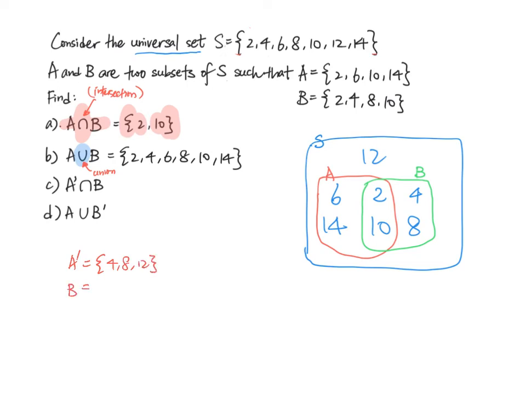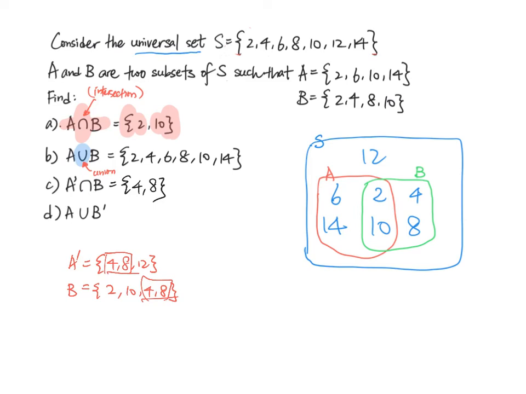And if B is 2, 10, 4, and 8, we want the intersection. That is this one, right? So the answer would be 4 and 8.